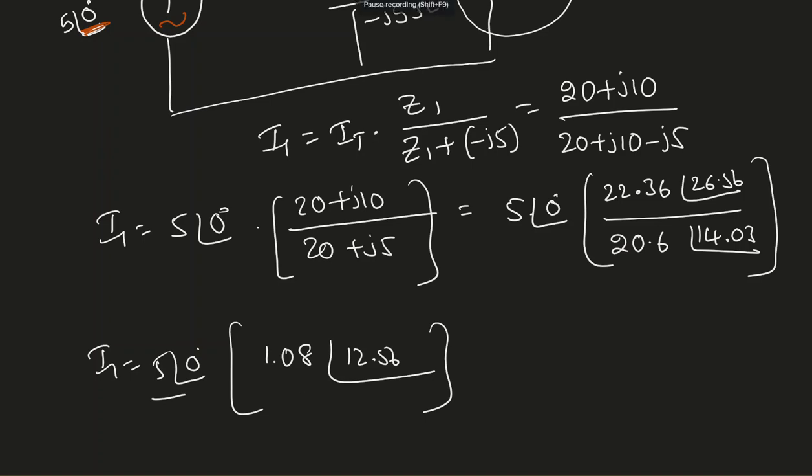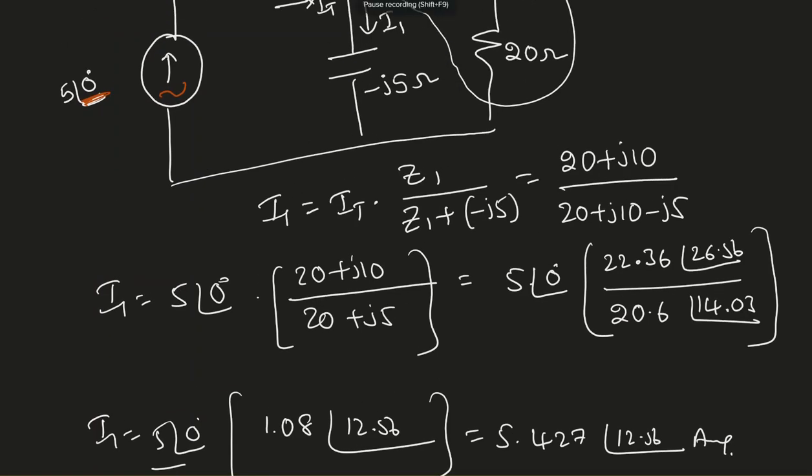The total current is 5 at an angle of 0, and the impedance. So the multiplication is going to be 5.427 at an angle of 12.56 ampere. Okay, you might have a question here: how come my total current is only 5 amperes, and I end up with more than 5 amperes here?